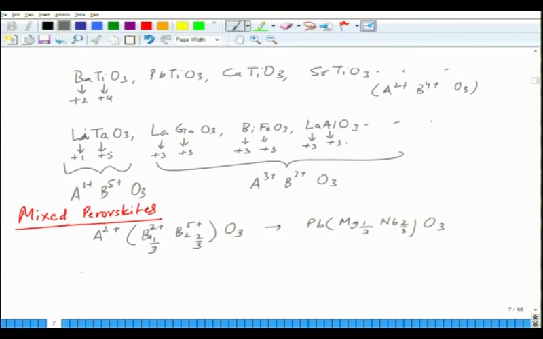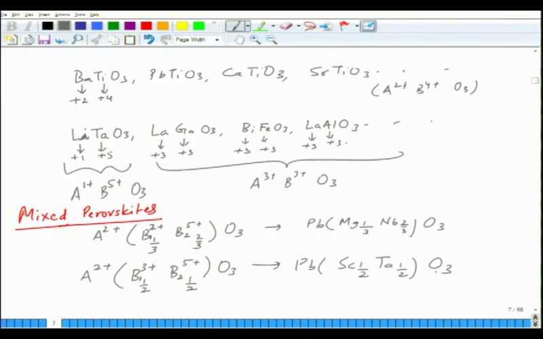Similarly, you can have A2+, B1 with half 3+, then another B2 with half 5+, O3. This is, for example, lead scandium tantalate. So these are certain examples of perovskites.